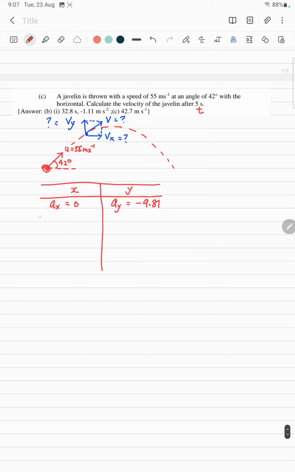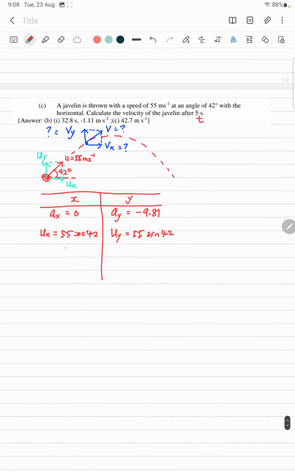Okay, so the initial velocity can be resolved into two components, horizontal component Ux and also vertical component Uy. So the horizontal component Ux will be 55 cos 42. The vertical component of the initial velocity will be 55 sin 42.